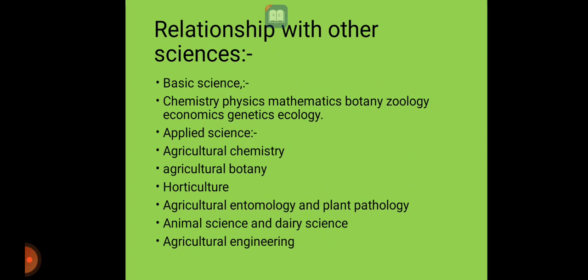First is agricultural chemistry, second agricultural botany, horticulture, agricultural entomology, and plant pathology. These are the plant protection departments. Then animal science and dairy science: animal husbandry, rearing, and dairy products, milk production.